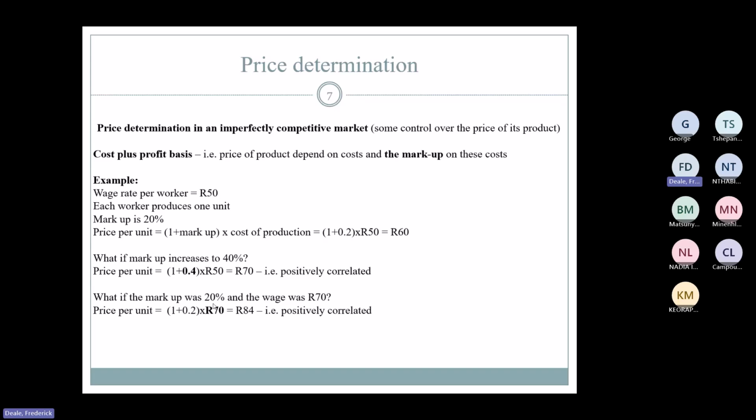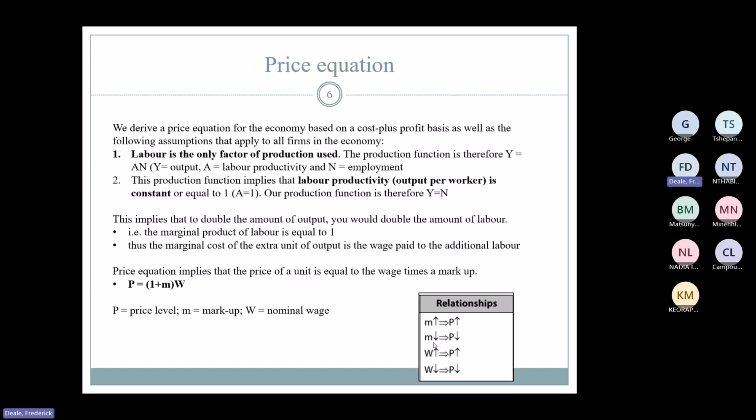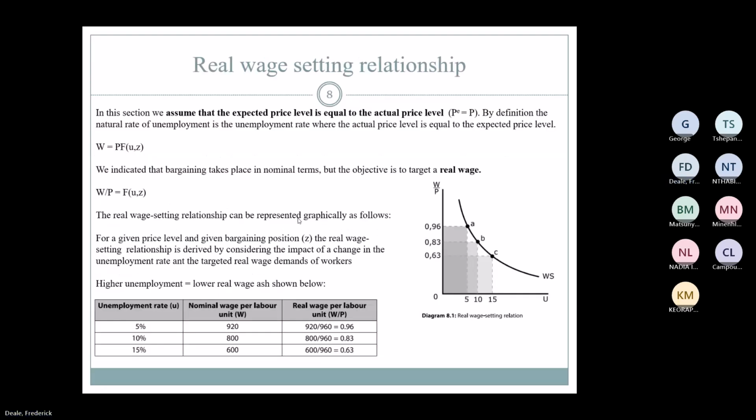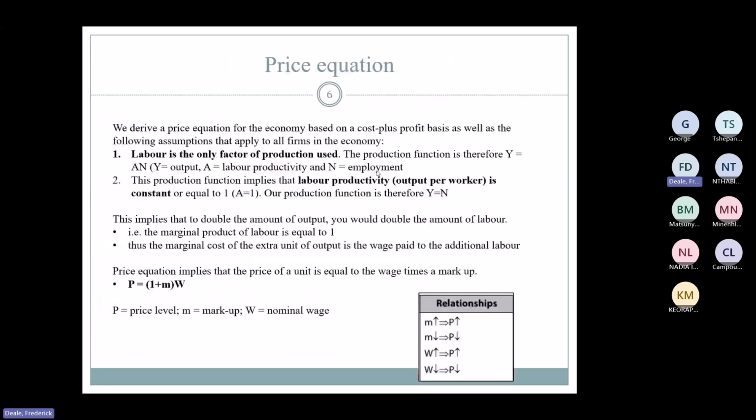But again, what we said on the previous page about the wage and the price being positively correlated, this shows it mathematically. If the wage goes from 50 to 70 Rand, the price goes from 60 to 84 Rand, showing that it's positively correlated. So I think that gives us a good sense of price determination and wage determination.